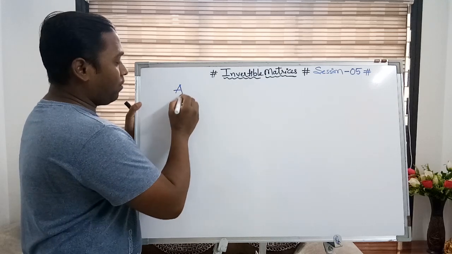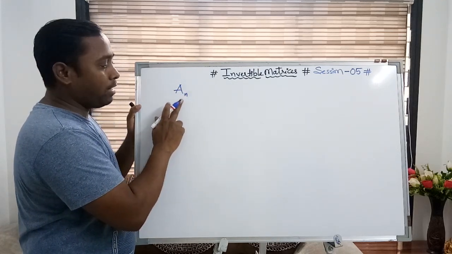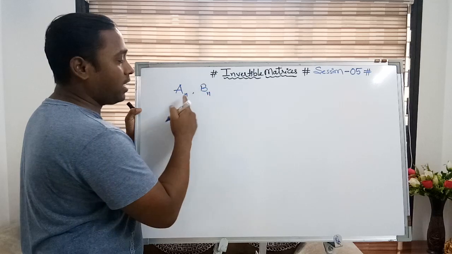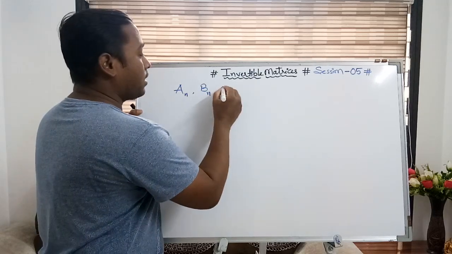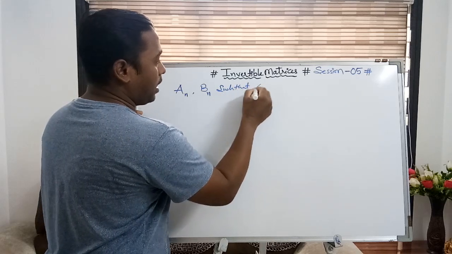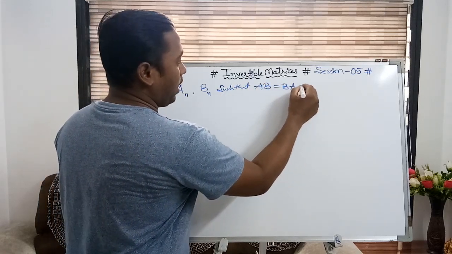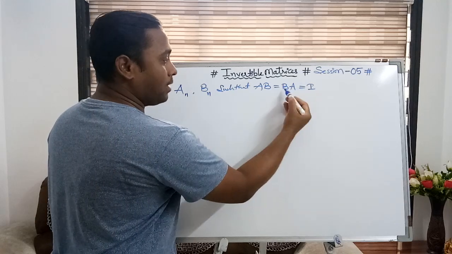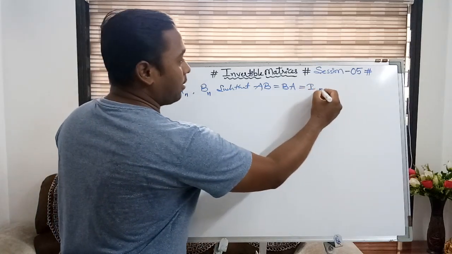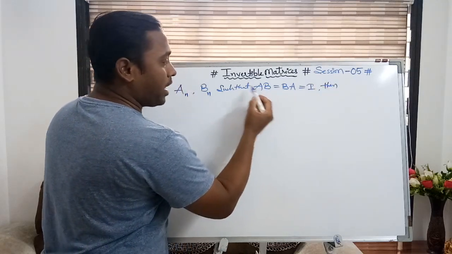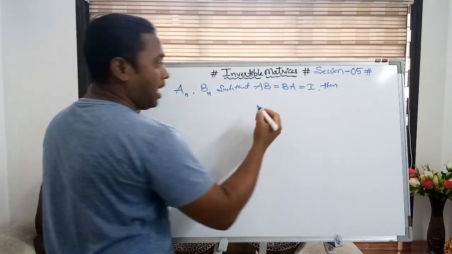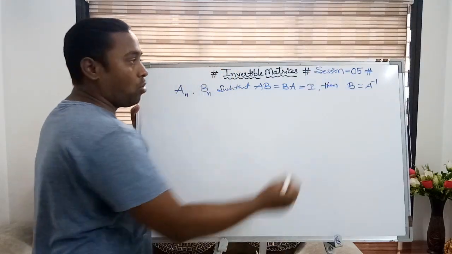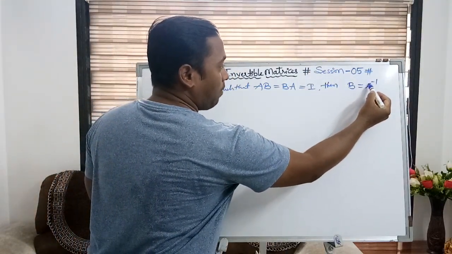If a matrix A, which is a square matrix, I am writing A_n, meaning an n by n matrix, and there exists another matrix B of the same order, such that AB is equal to BA is equal to I. If the products AB and BA both exist and both are equal to I, then B is called the inverse of A. Hence, B can be written as A inverse, written as A power minus 1.